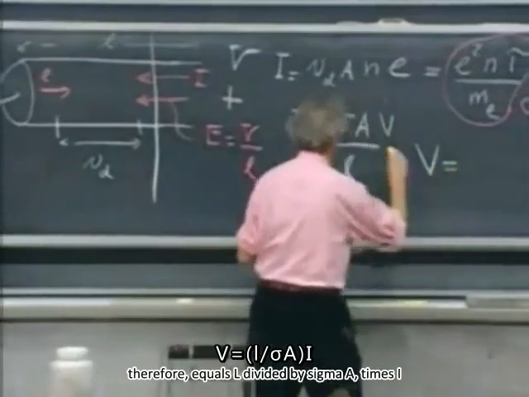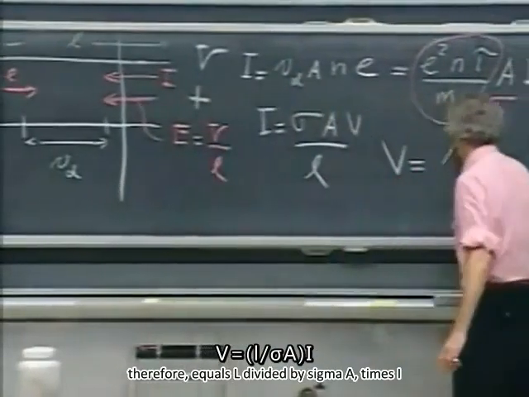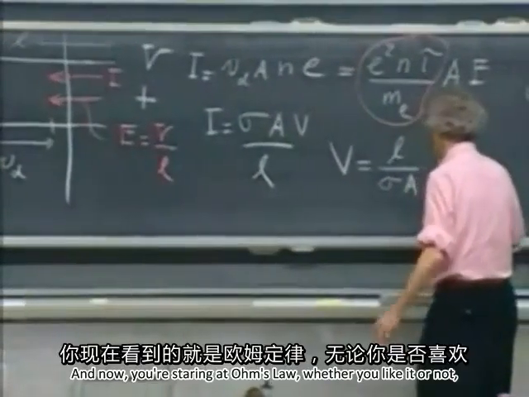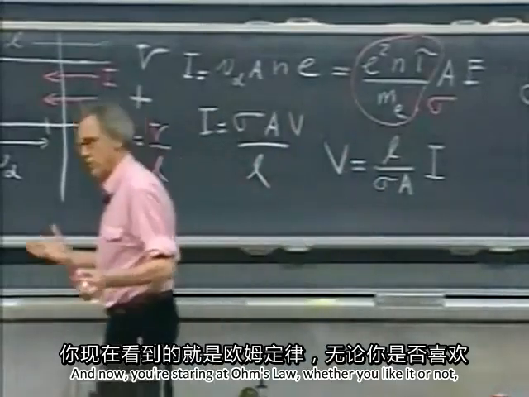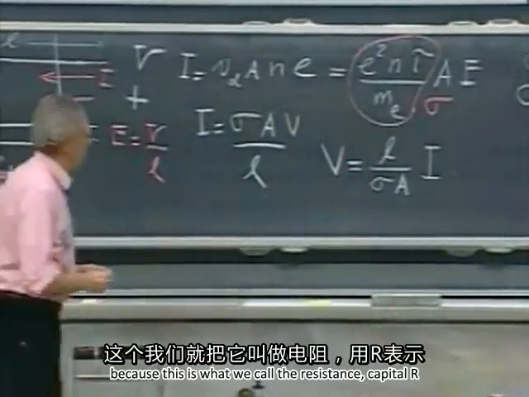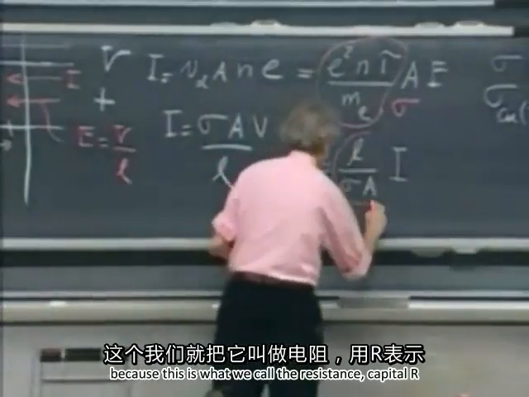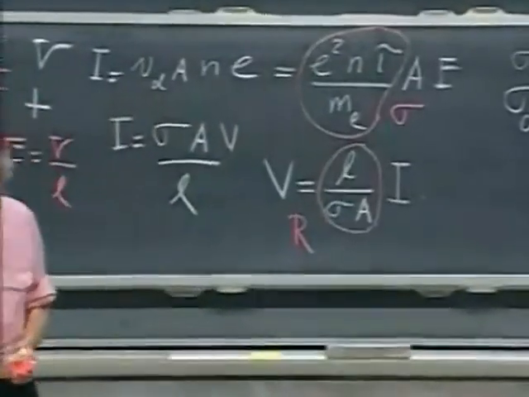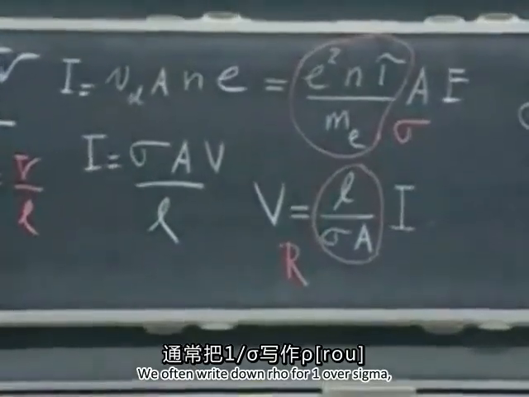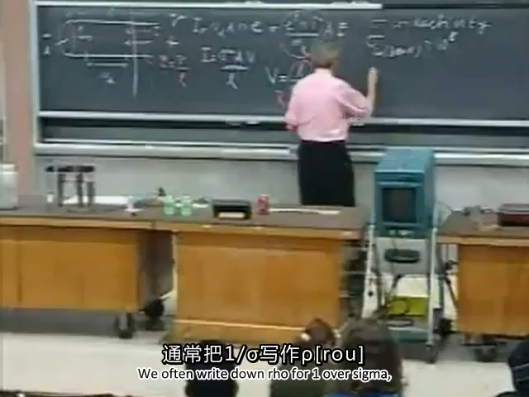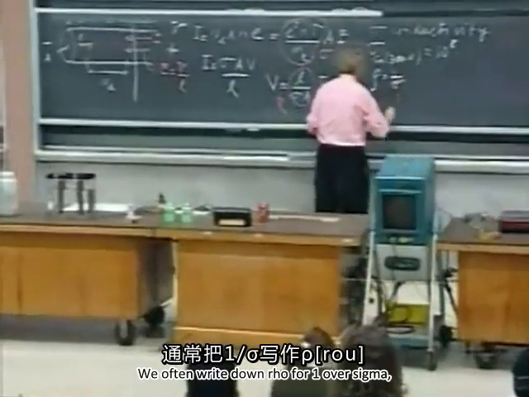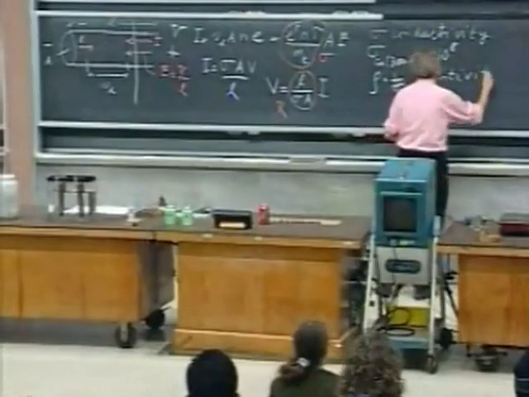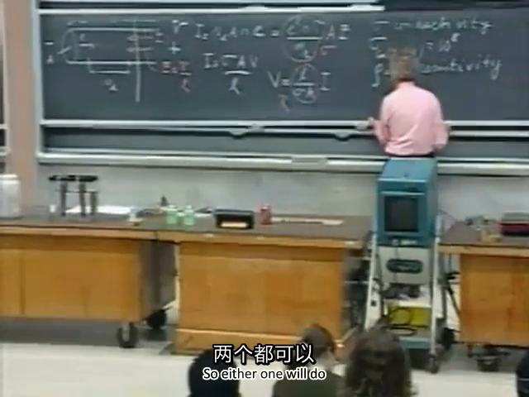I can say V therefore equals L divided by sigma A times I. And now you're staring at Ohm's law, whether you like it or not, because this is what we call the resistance, capital R. We often write down rho for 1 over sigma, and rho is called the resistivity. So either one will do.